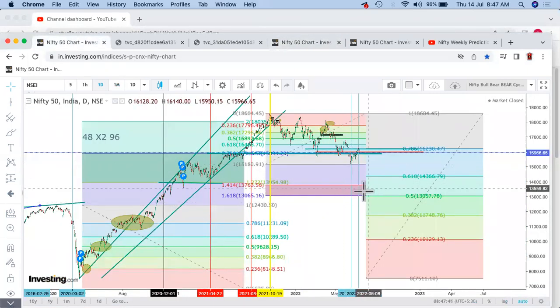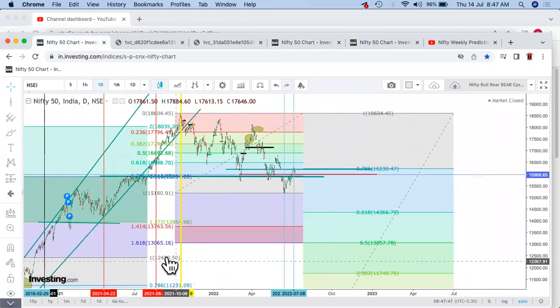The first one is the reversal coming down to 13,065, and our 0.5 is also 13,057. So again, this is a wild guess giving us something more of the price which is there.